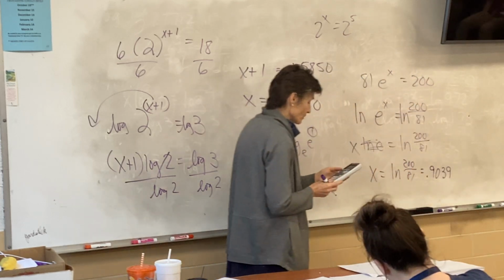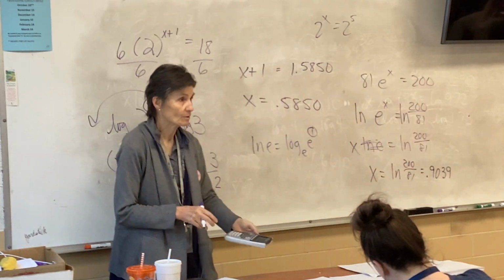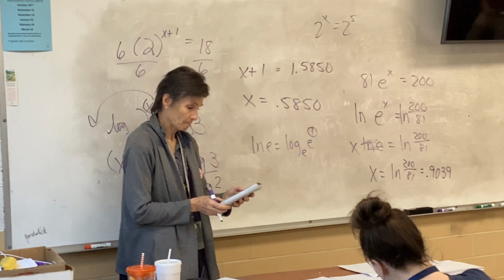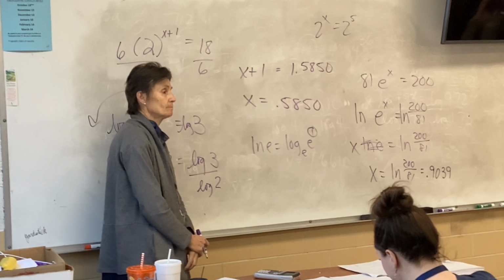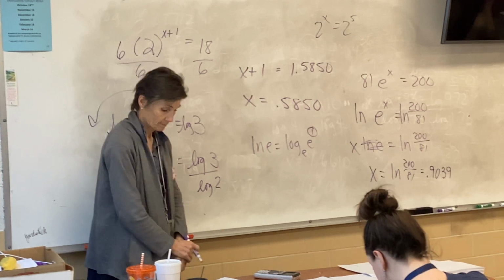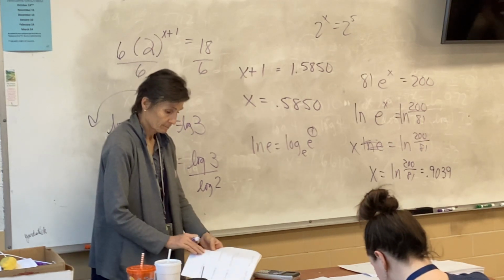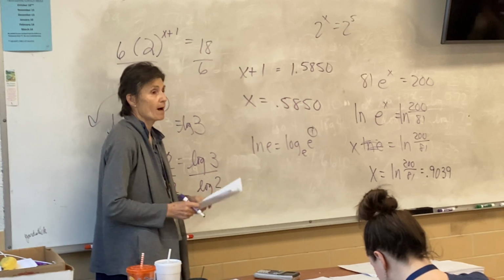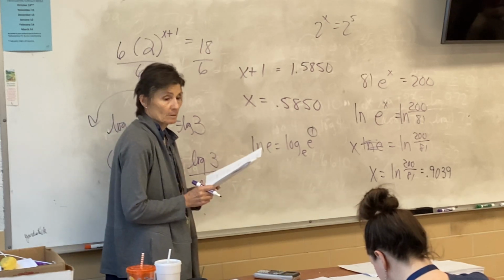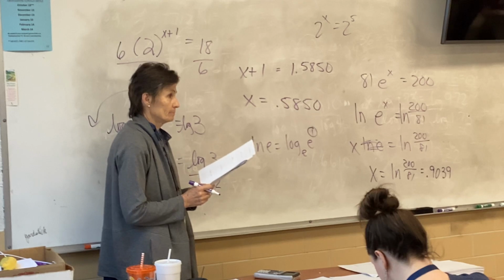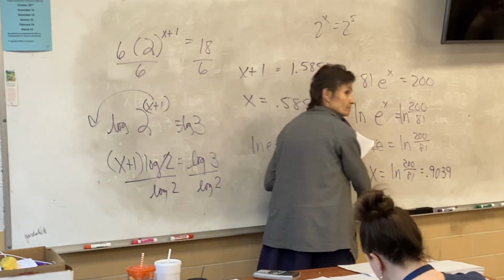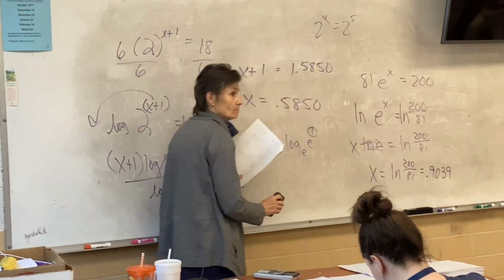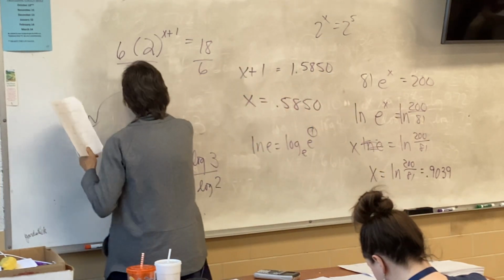Type that in, make sure that's what you get, because that's the right answer, I think. Three more to go and I'll stop. All right, everybody get 0.9039? All right, next problem.